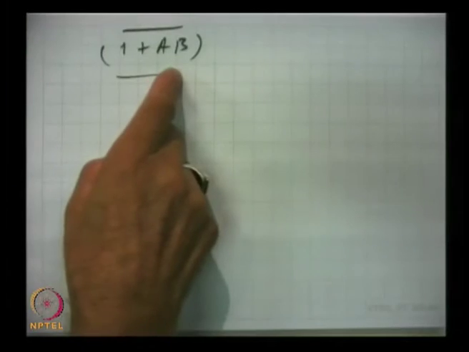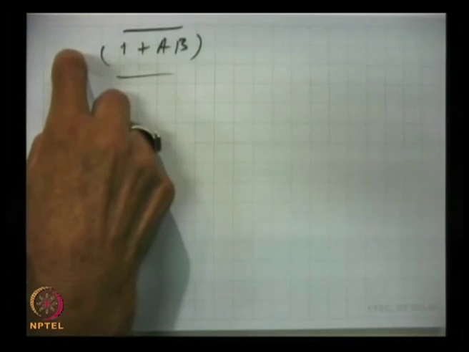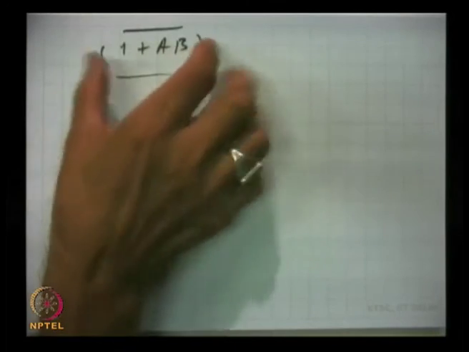For example, the input impedance will change, it will be enhanced by how much amount? This much. The input impedance without feedback into this term, that will be the input impedance for the feedback non-inverting amplifier. Similarly, the bandwidth also increases, and that change is given by this.